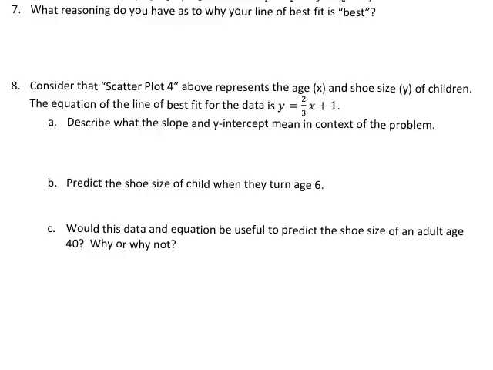Their shoe size increases, because it's positive, by 2/3 of a size, right? So that's what I would say. Let's go ahead and write that, just so we have an example in our notes here. So for every year older.